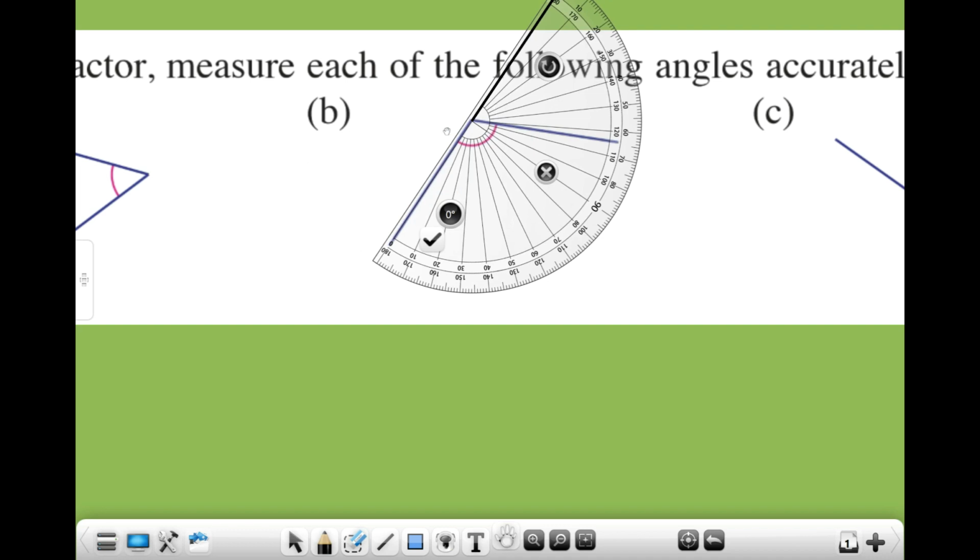So I'm going to use the interior scale. Okay, and then you can look at the line. The line is over here. So I'm going to read like this. 10, 20, 30, 40, 50, 60, 70, 80, 90, 100, 110, and something, but I don't know how much it is, so I have to pull it to the exterior scale.